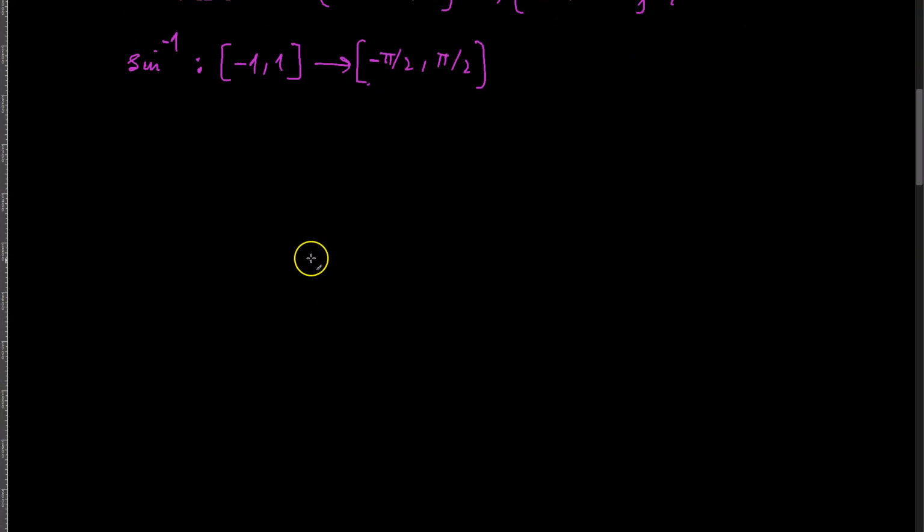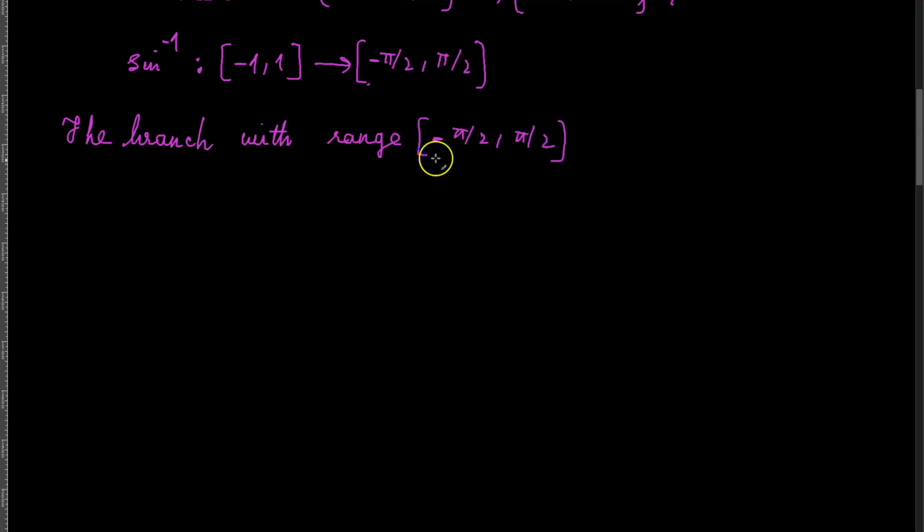The branch with range negative pi by 2 to pi by 2 is called the principal value branch.